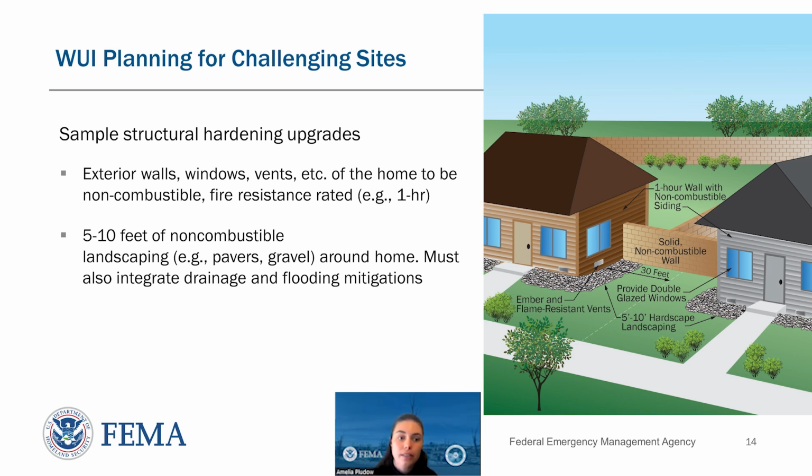This could include exterior walls, windows, vents, and other features of the home to be non-combustible and fire resistance rated, for example, 1 hour. And there is additional detail about this in following modules. Another recommendation or sample upgrade is 5 to 10 feet of non-combustible landscaping around the home. And then, of course, it's important to integrate drainage and flooding mitigations as well for that multi-hazard consideration.